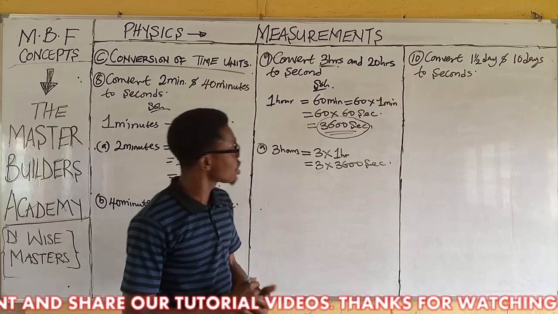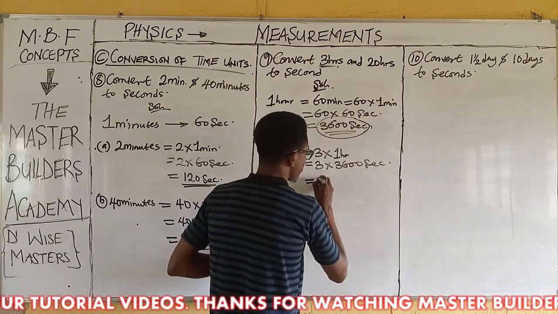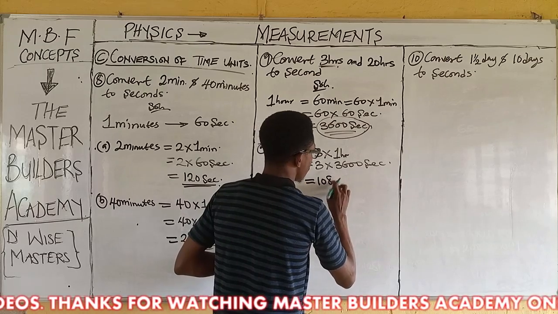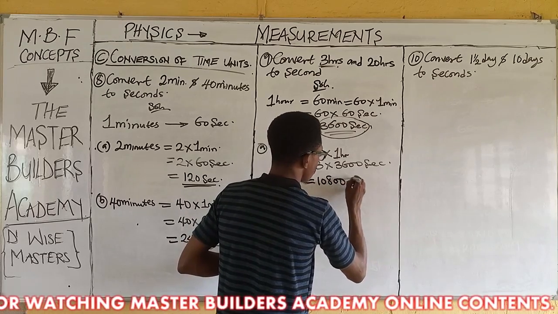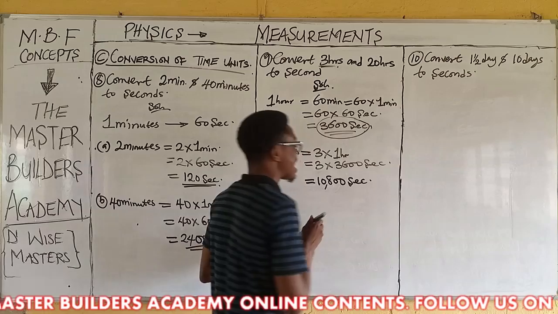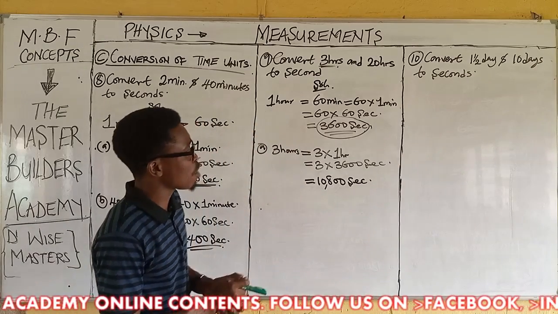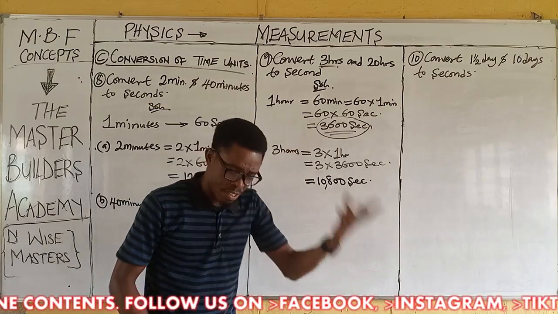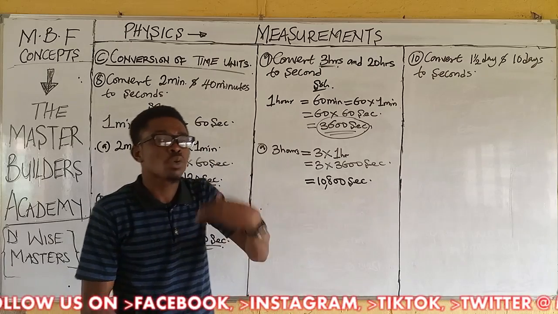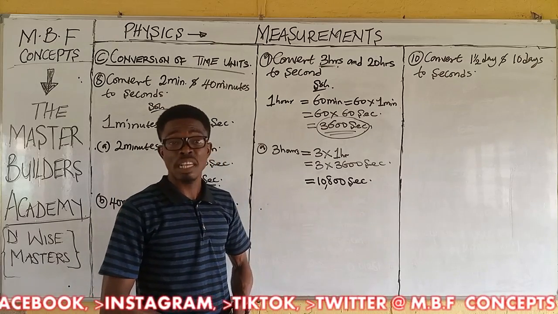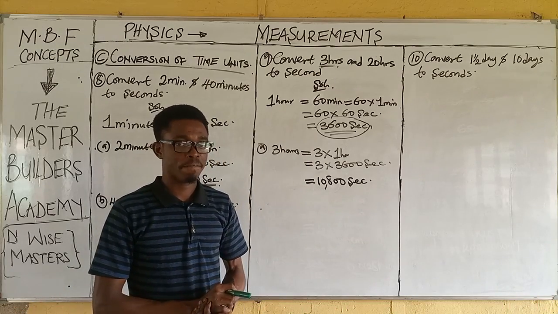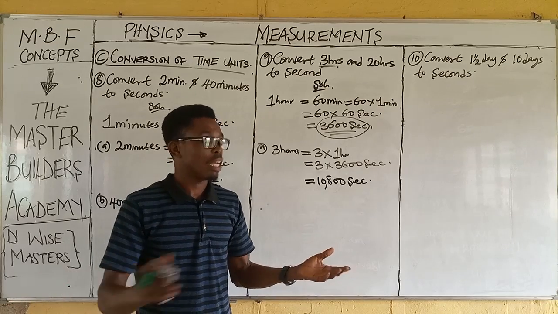This would have given us what? 10,800 seconds. So therefore guys, 3 hours is equivalent to 10,800 seconds. As simple as this. That's all.